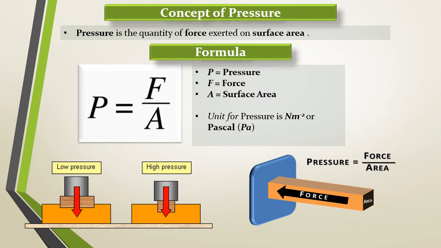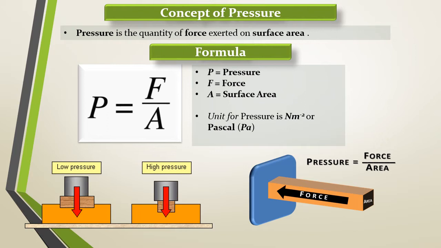Okay, this is the diagram related to pressure. As we can see at the left side, there are 2 situations, which are low pressure and high pressure. Dekat kiri tu kita dapat tengok low pressure macam mana, high pressure macam mana. We assume that both loads have the same weight. Yang beza dekat dua-dua diagram ni adalah surface area.